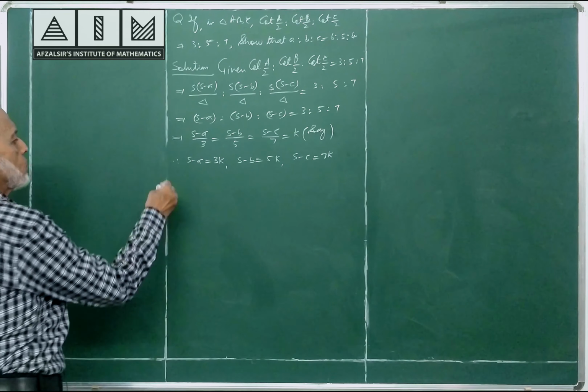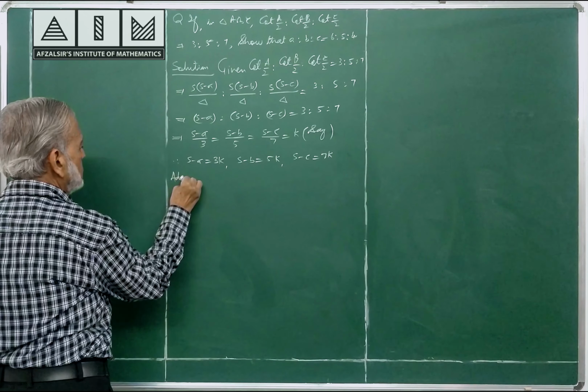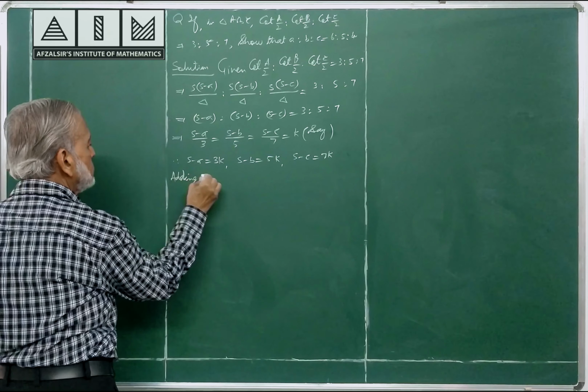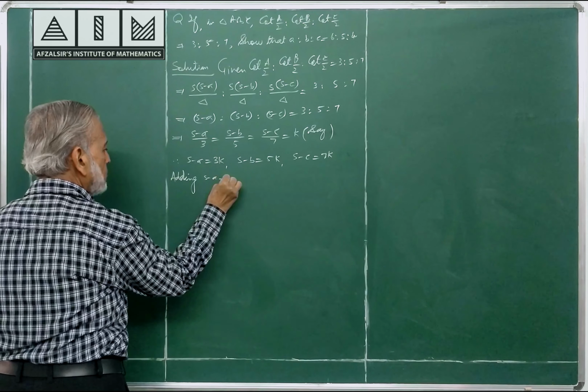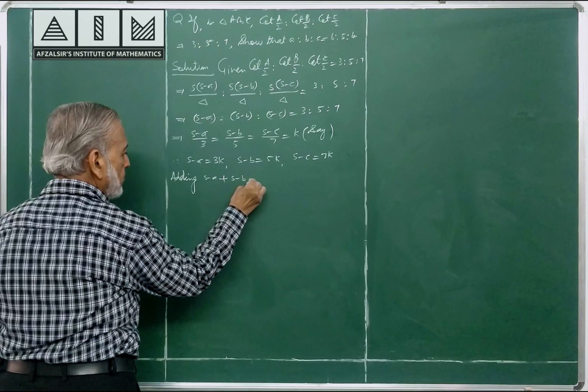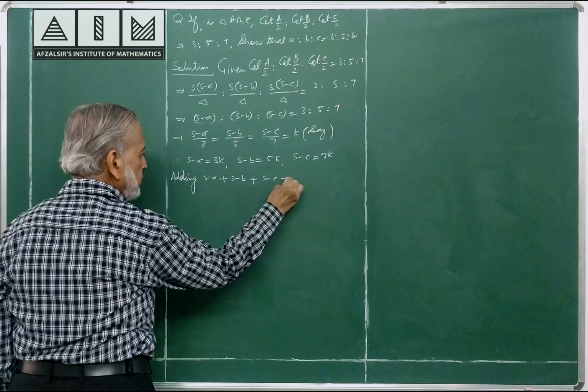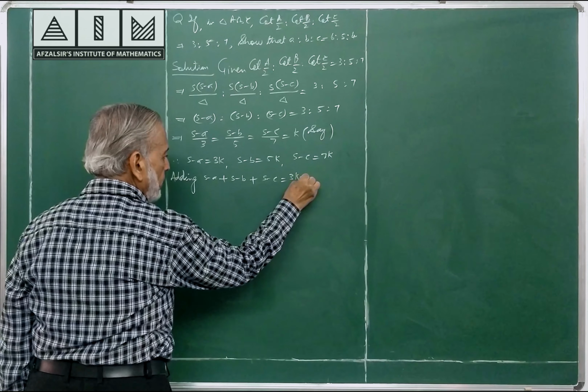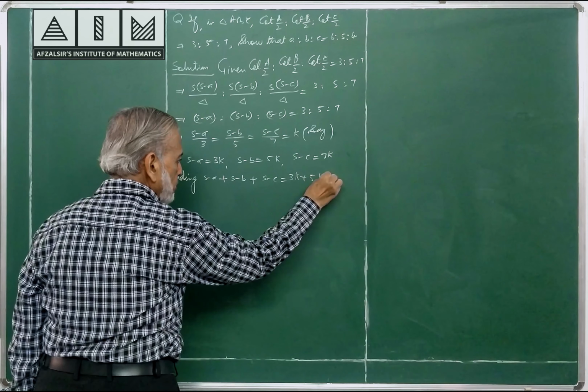Adding S minus A, S minus B, S minus C, equals 3K plus 5K plus 7K.